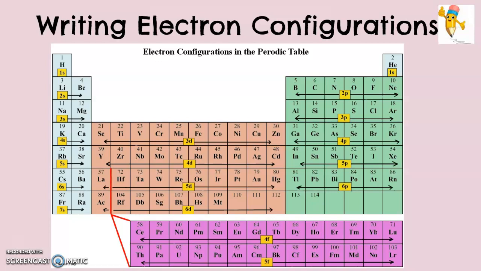So the denotation for carbon is going to be 2P2, okay? 2 for the energy level because we're in period 2. P because we're in the P block. And 2 because carbon is the second element in this row. So boron is first, carbon is second. So it's 2P2.